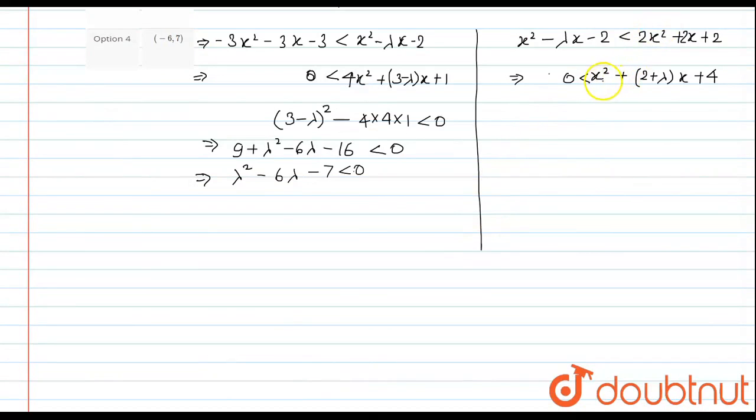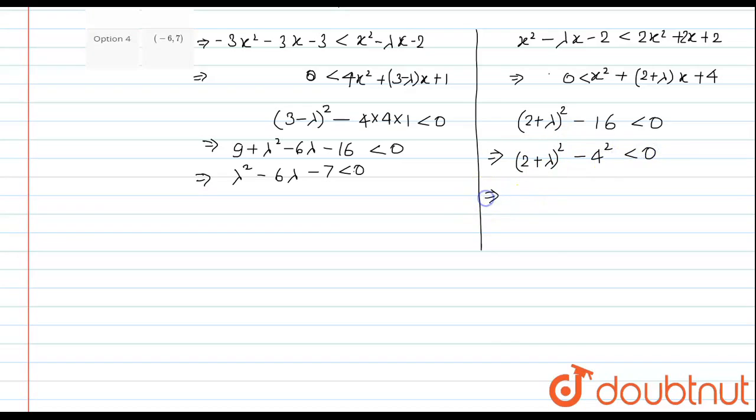Similarly, for the second inequality, for this quadratic equation to be greater than 0, the discriminant, that is (2 plus lambda) square minus 4 into 4, that is 16, should be less than 0. Or we can also write this as (2 plus lambda) whole square minus 4 square is less than 0.